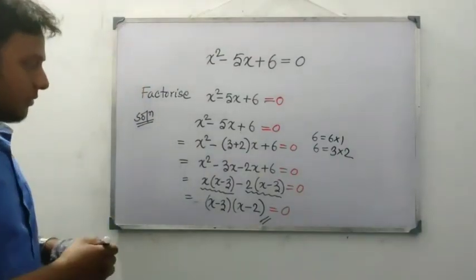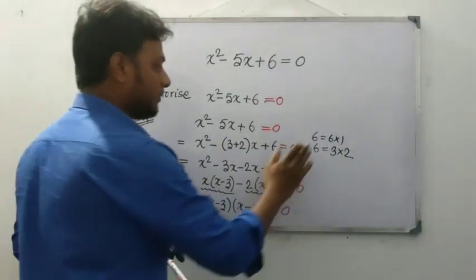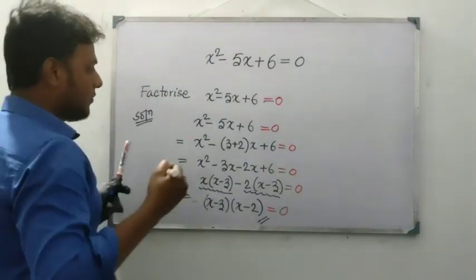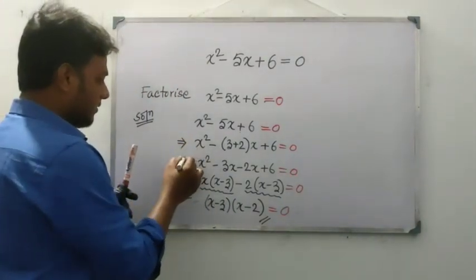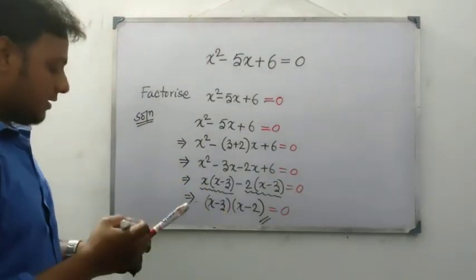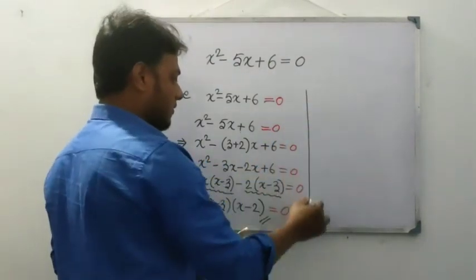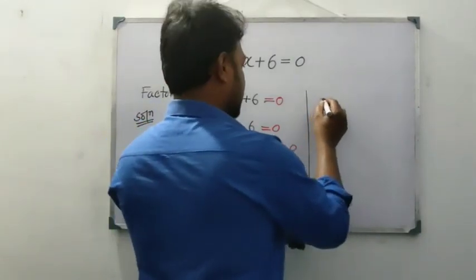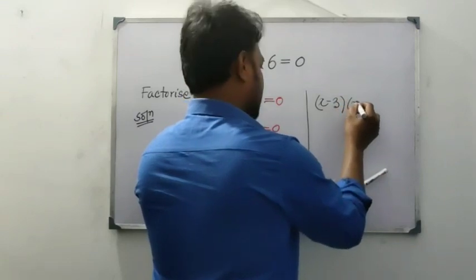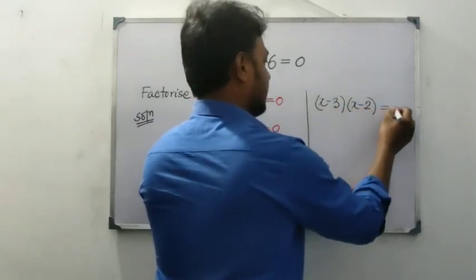So now we have to make the conclusion. Lastly we have got 0, and now we use here implies that. The last line: x minus 3 into x minus 2 equals to 0.